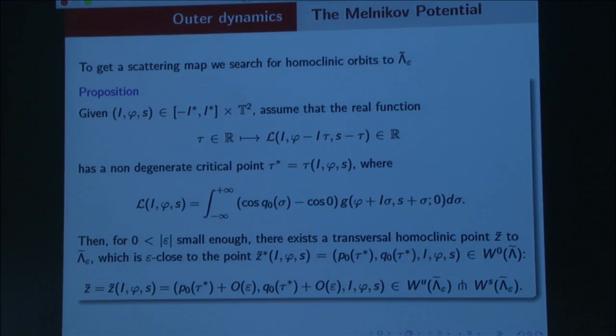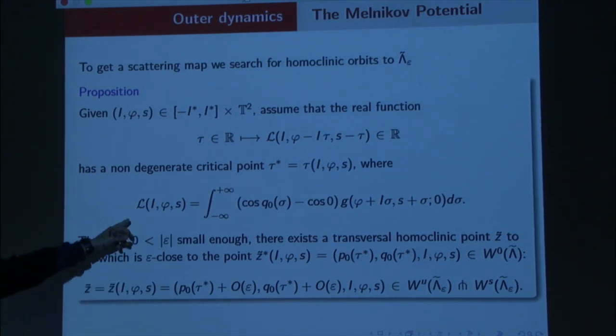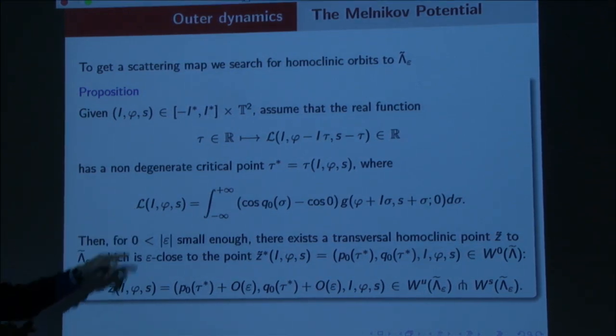This is very related to the Melnikov potential or to the intersection of the invariant manifolds. What is the way to look for invariant manifolds which intersect? In Hamiltonian systems, everything comes from only one function, the Hamiltonian. Every change that you do has one generating function, and when you compute the intersection, you have one function that is called, for instance, the Melnikov potential.